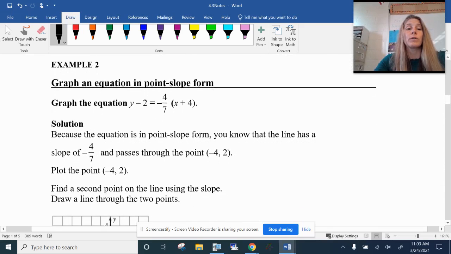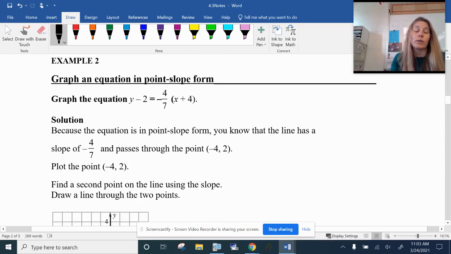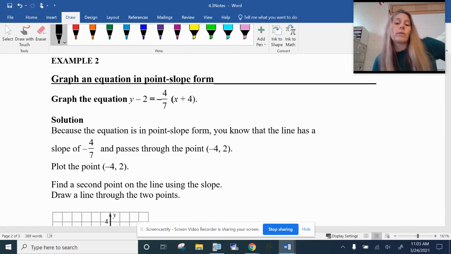Okay, so now we're going to do some graphing in point slope form. So here's my equation, y minus 2 equals negative 4/7 times x plus 4. So in order to graph this, we need to find the slope and the point that's being given to us in this equation.